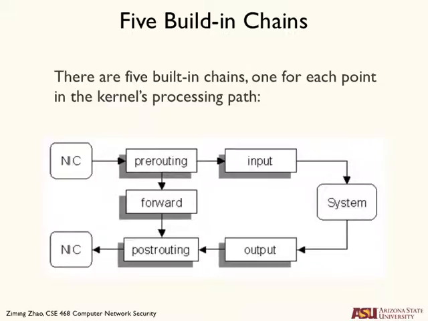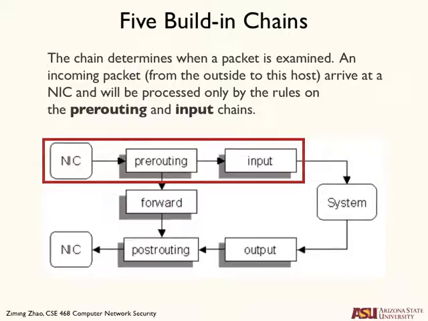So to support that, iptables has 5 built-in chains, called PREROUTING, INPUT, FORWARD, POSTROUTING, and OUTPUT. The chain determines when a packet is examined.